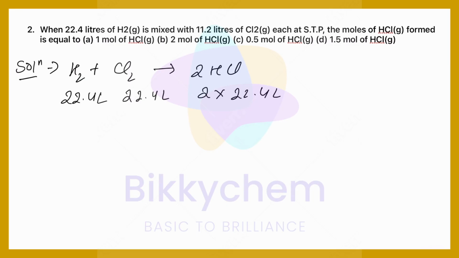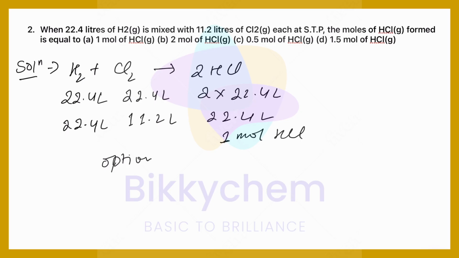Since only 11.2 of Cl2 is reacting, Cl2 is a limiting reagent, so the product depends on Cl2 only. So if 22.4 liters is giving 2 into 22.4, then 11.2 will give 22.4 liters only. So it is 1 mole of HCl. Hence option will be A.